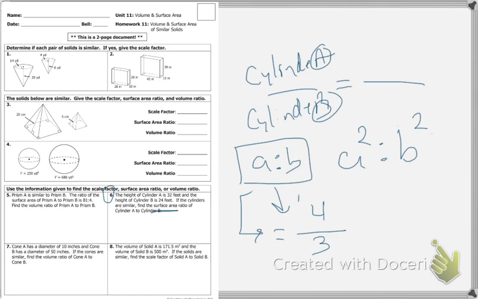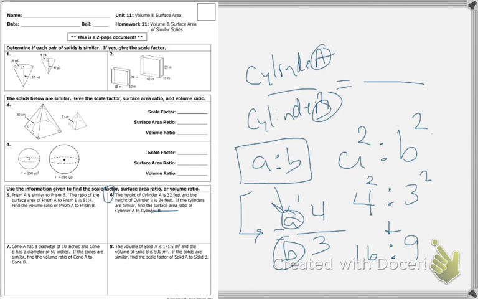So, if that's the case, because this is A and this is B, we have to change to this. So the proportion we're actually working with is going to be 16 to 9.